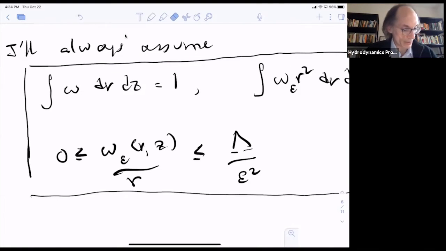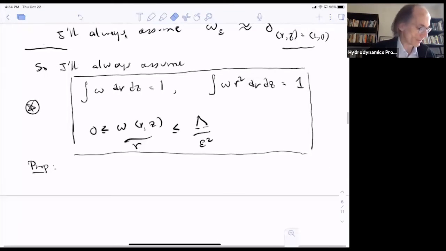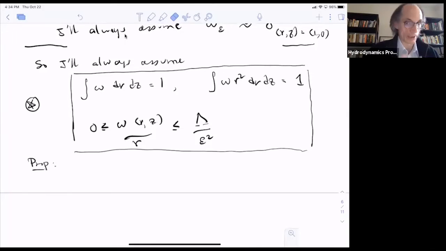I'll just remember it's there. So for notational simplicity, I should have added 0 here. For notational simplicity, I'll just write it like this. And so, of course, later on, I'll apply it to some solution of Euler, but time plays no role here. It's just a kind of a concentration of it.